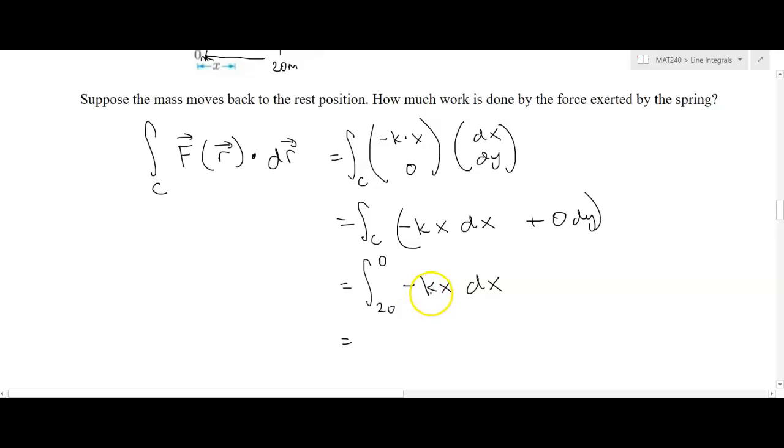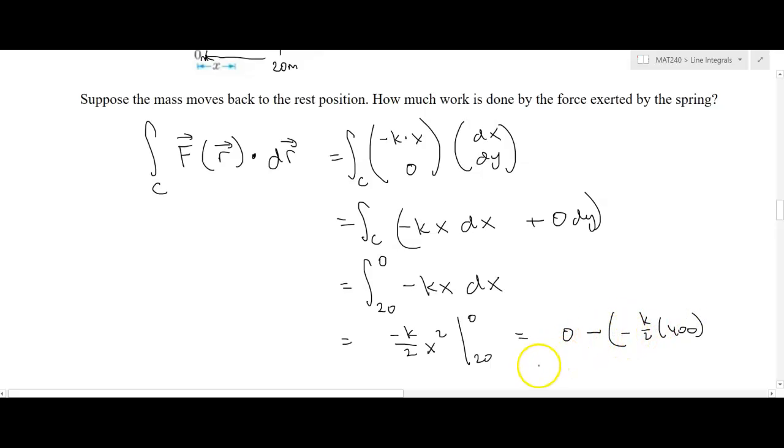When we integrate that, we have negative k over 2 x squared evaluated from 20 to 0. Evaluate that at 0, you get 0, minus negative k over 2 x squared at 20, which is times 400.